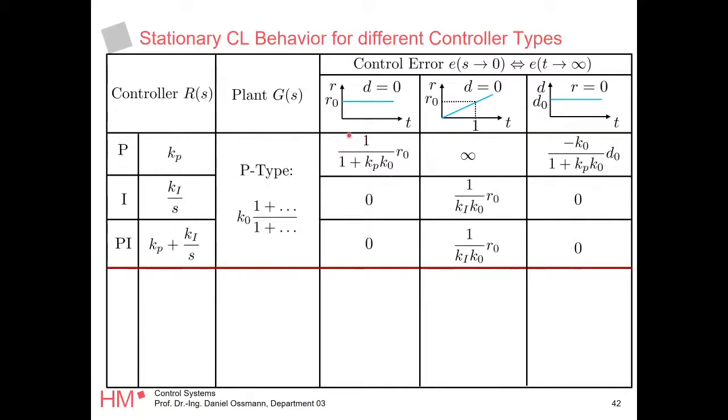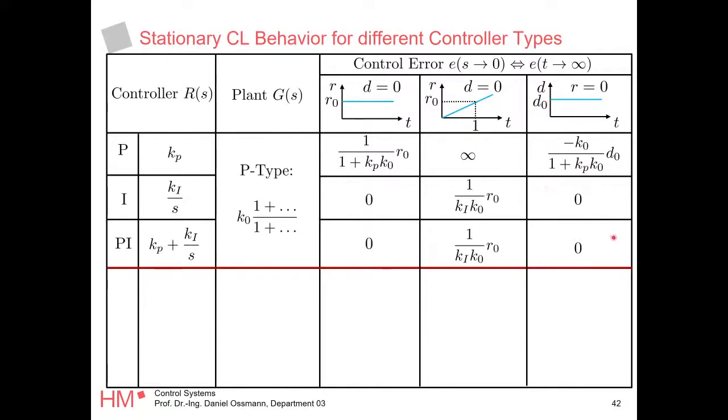We are left with some control error. So far we only talked about step inputs. What happens if we have a ramp input? For a ramp input, your control error for a proportional controller will go to infinity. If you have an integrator in your system, so it may be a pure integral controller or PI controller, you will have a constant error in case of a ramp input.